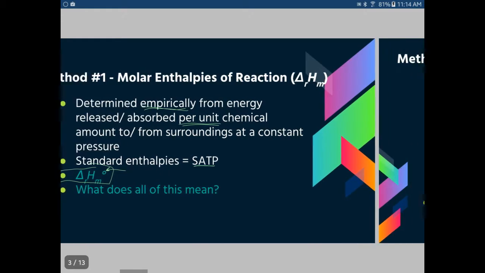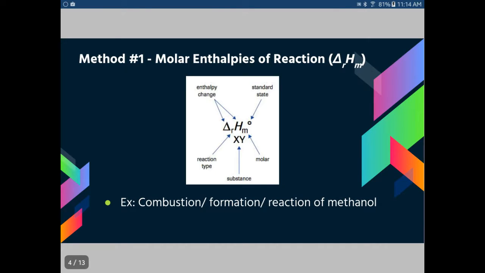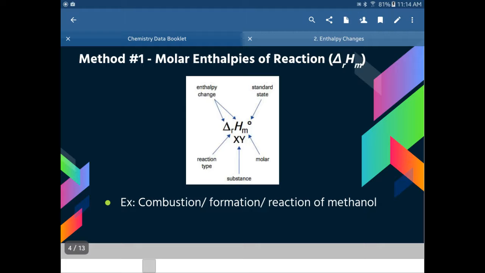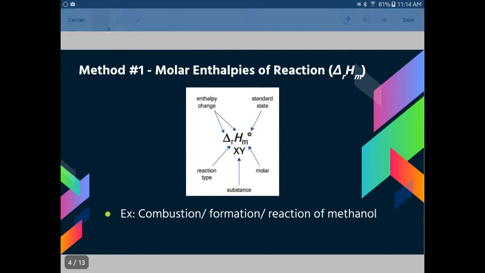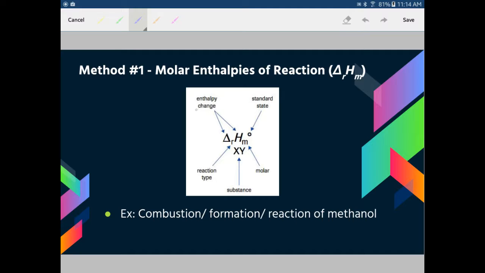Essentially, what it means is we have our delta sign, which is in reference to a change. Anytime you see that little triangle, we're talking about a change. So delta H is our change in enthalpy. This little r here is our reaction type. A reaction type could be combustion, formation, decomposition, basically any type of reaction.